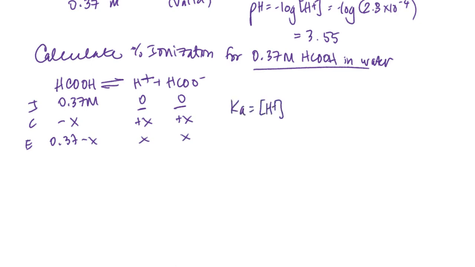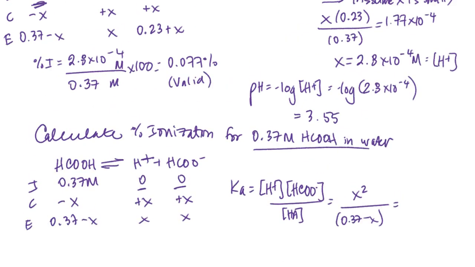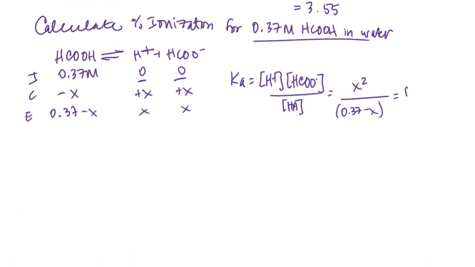If I plug these equilibrium concentration expressions into my expression for Ka, then I get x squared over 0.37 minus x, and that is 1.77 times 10 to the negative fourth. Again, I'm going to make my customary assumption that x is small, based on the small value of the acid dissociation constant.